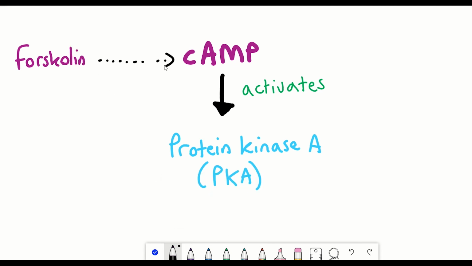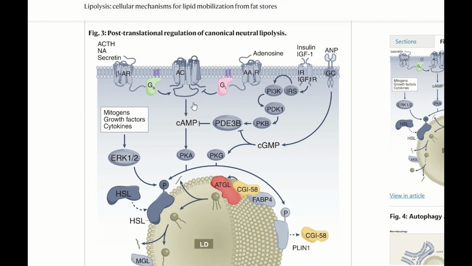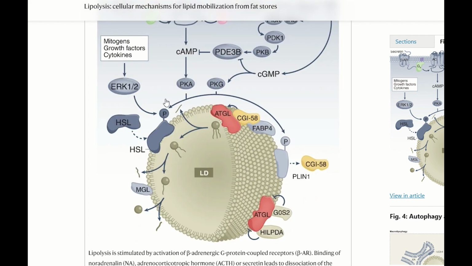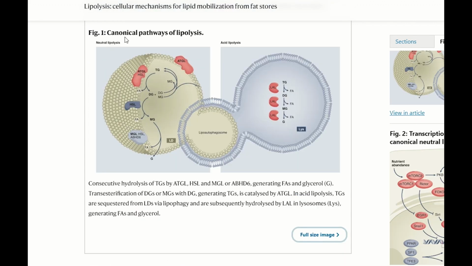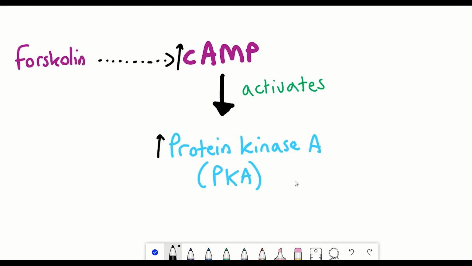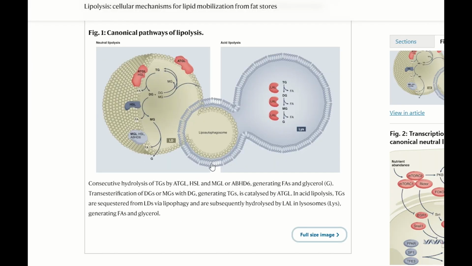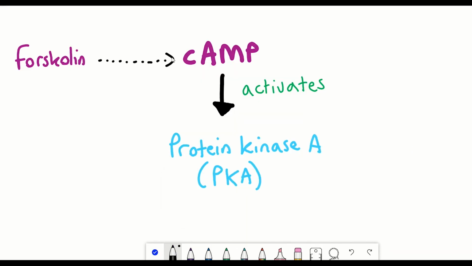And one of the proteins that protein kinase A can activate is a protein known as hormone-sensitive lipase. This lipase breaks down fat in fat cells, and therefore forskolin, by activating adenylate cyclase, increasing cyclic AMP levels, can increase the activity of this lipase, and indeed many in vitro studies have shown that this works.